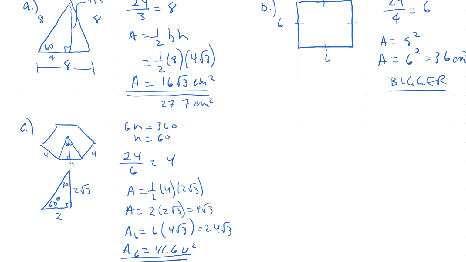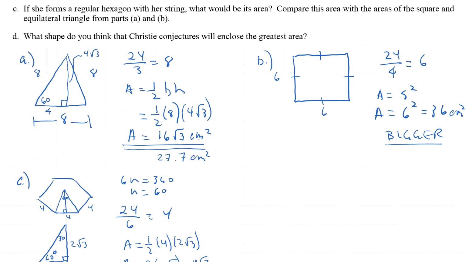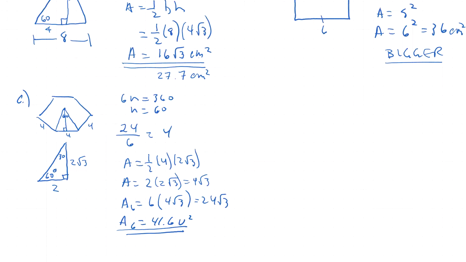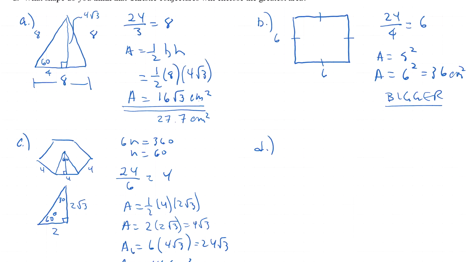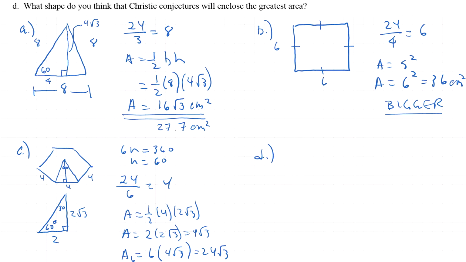All right. So now it says compare this area with the areas of the square and the equilateral triangle from parts A and B. Well, it looks like it's even bigger, right? It's bigger. And then we've got to look at D. It says, what shape do you think that Christy conjectures will enclose the greatest area?